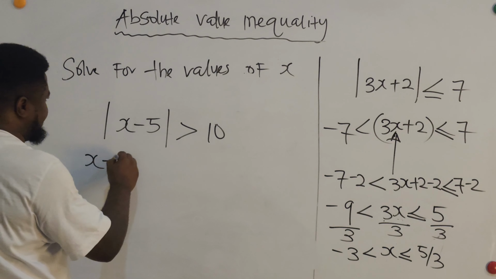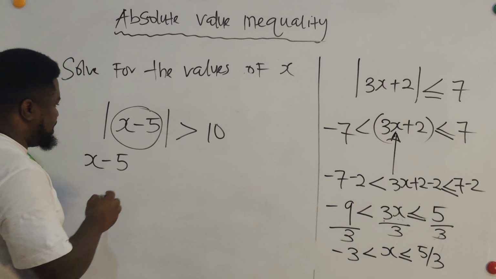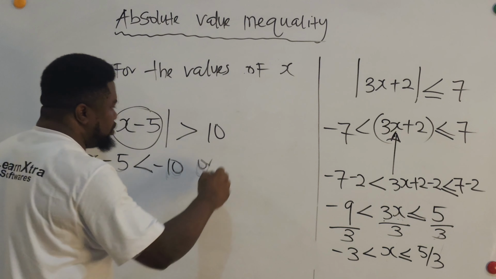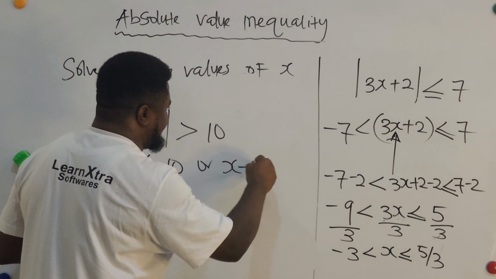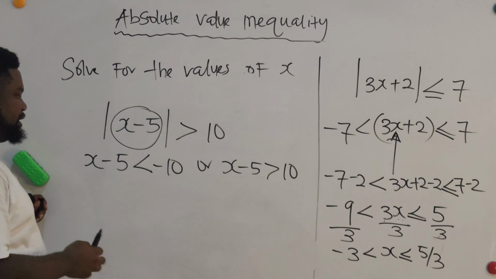x minus 5, the content of my absolute value, is less than minus 10, or the content of my absolute value, x minus 5, is bigger than 10. I'll solve them individually.